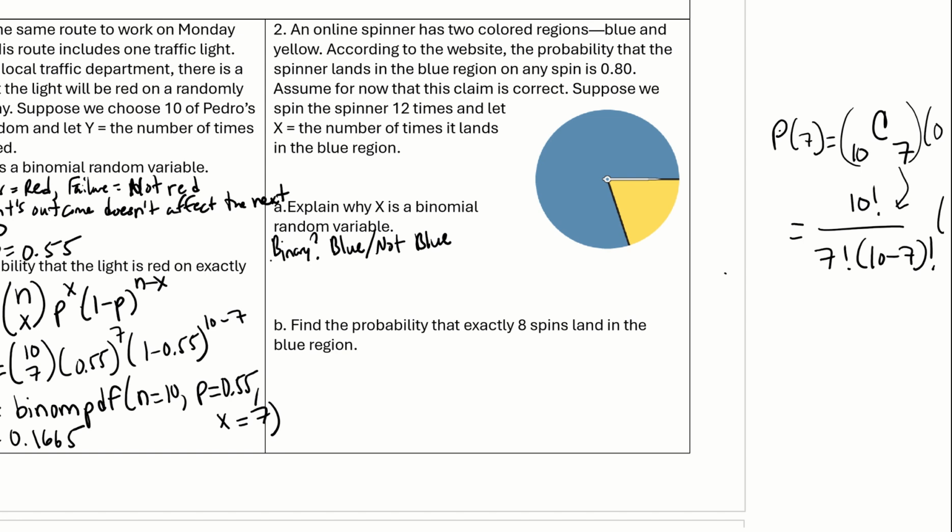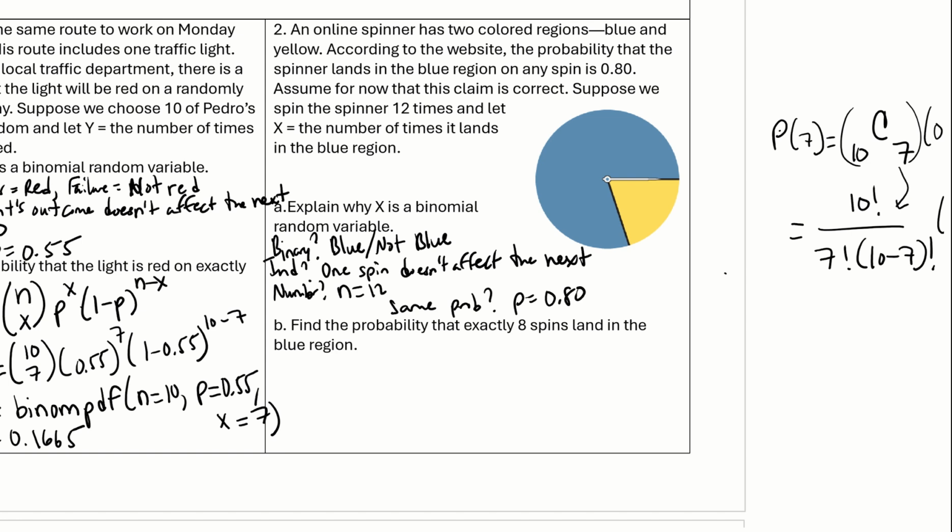Then we have independent: one spin doesn't affect the next, so yes, it's independent. Number of trials: we're spinning 12 times, so n equals 12. Same probability: the answer is yes, p is equal to 0.80.